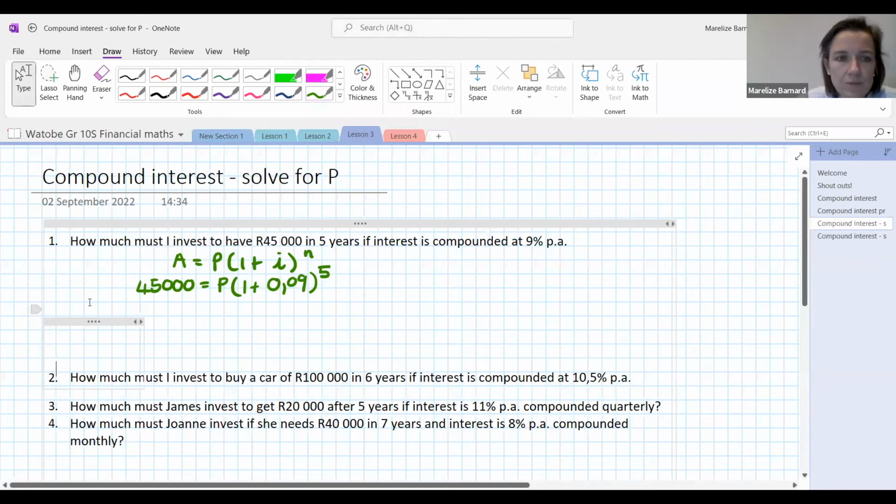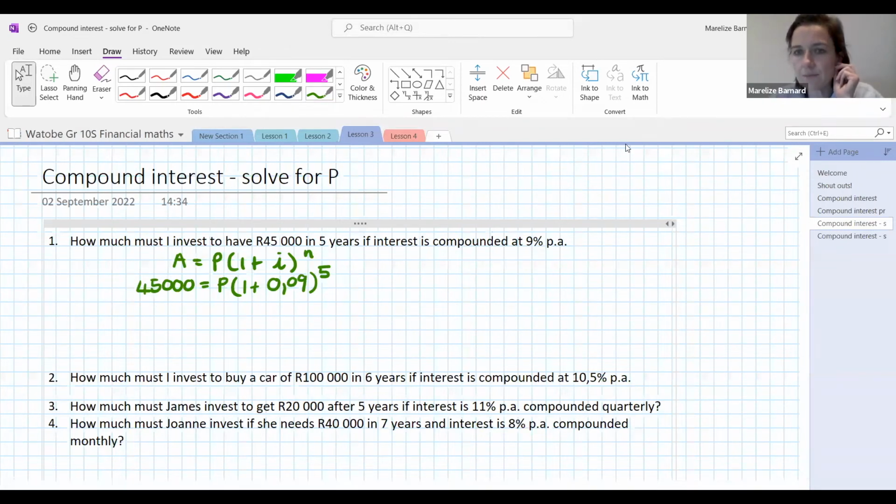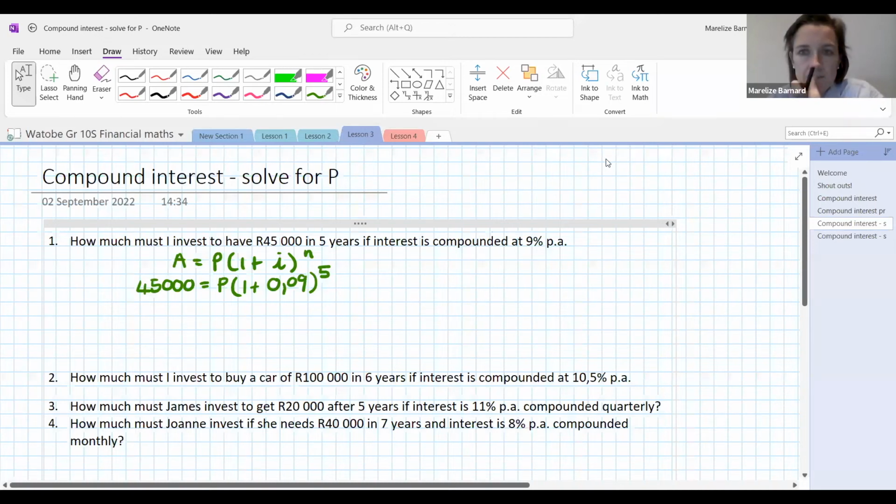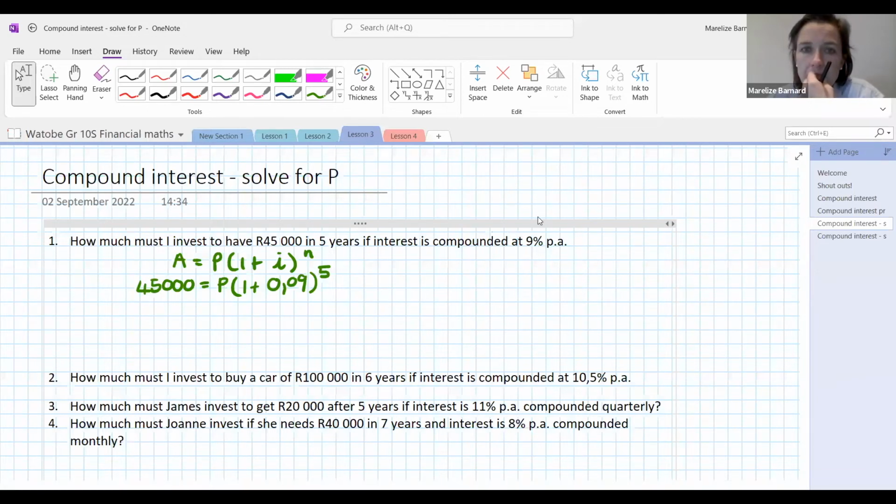Tell us what you are thinking. What should we do? Amy's got her hand up. Yes, Amy, what do you think? I was thinking that we are going to divide both sides by 1 plus 0.09 to the power 5. Wonderful.